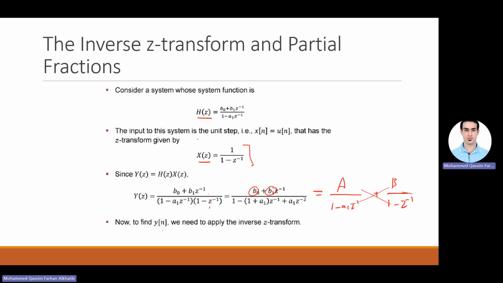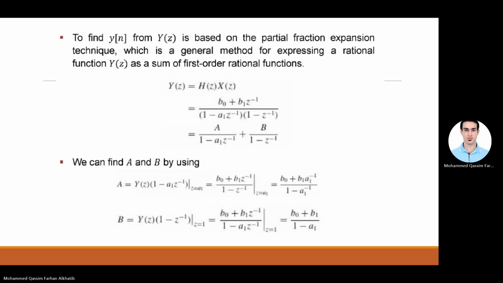However, this question is solved here. As I mentioned, partial fraction expansion. Now the goal is to find the values of A and B. Once they are found, you can find the inverse z-transform, which you've done in signals and systems, I believe.